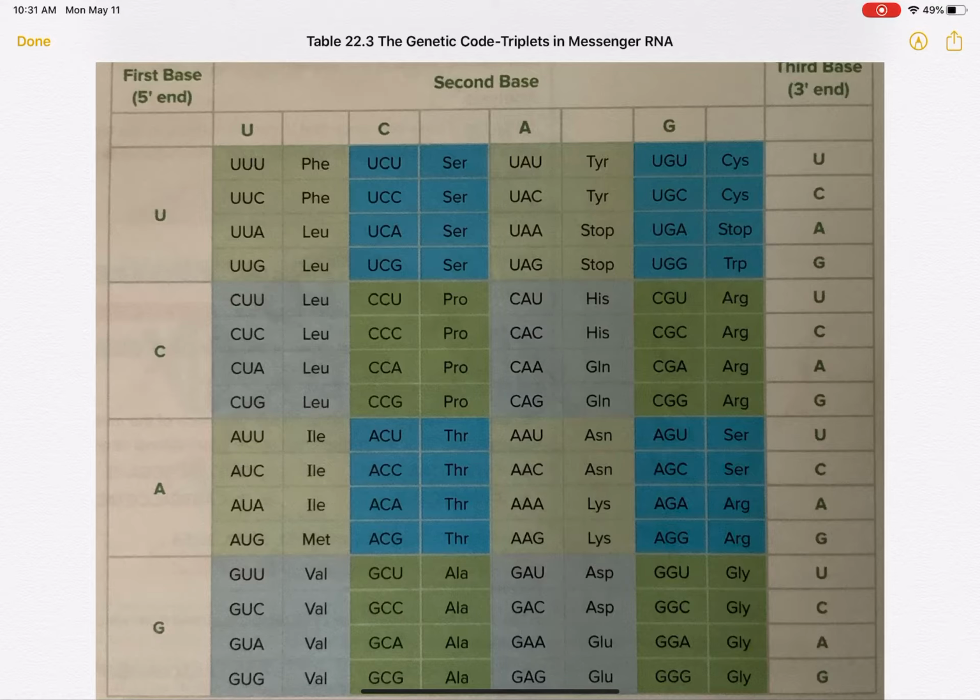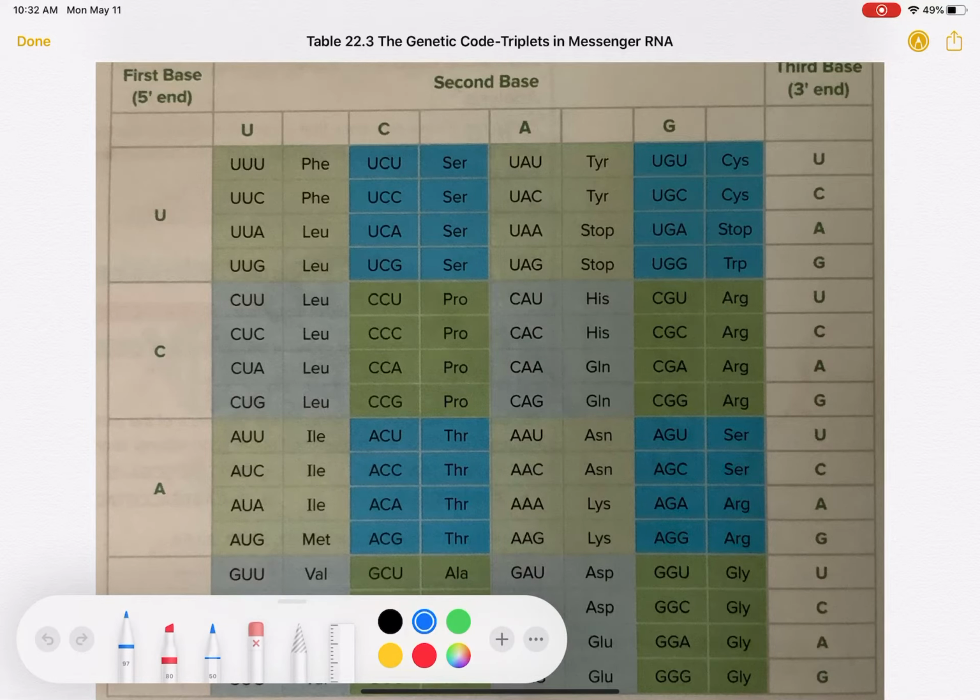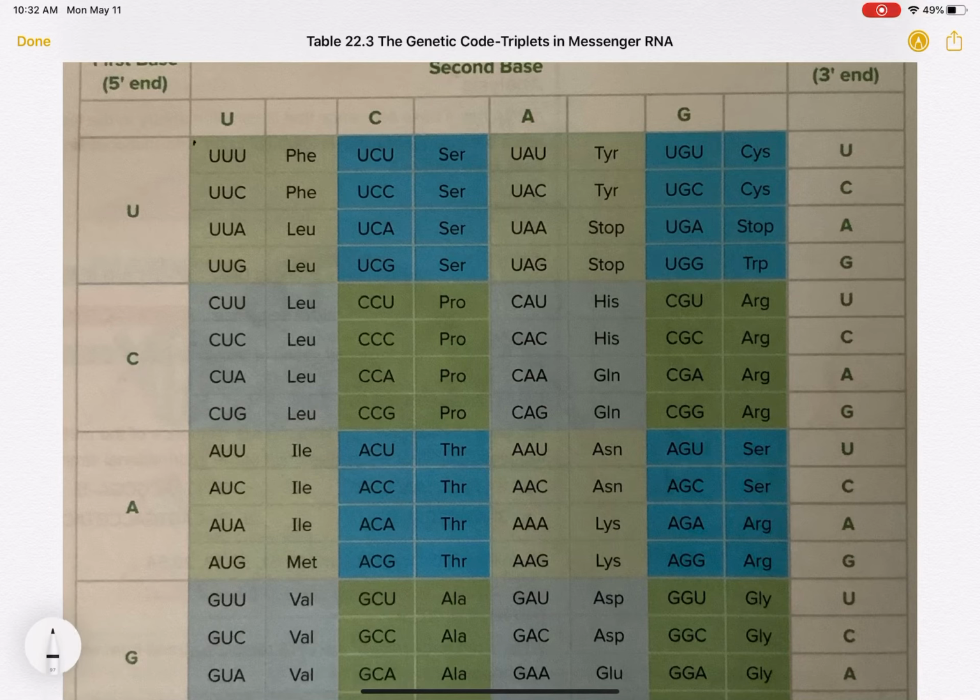So for example, the way the table is laid out, each one of these boxes right here represents a codon. So this is UUU, this is UUC, this is UUA. You get the idea. And then next to that, this is telling you the amino acid that is being coded for by that particular codon.